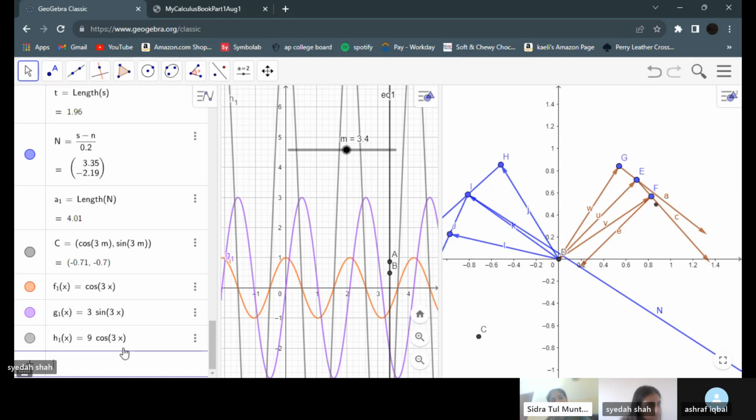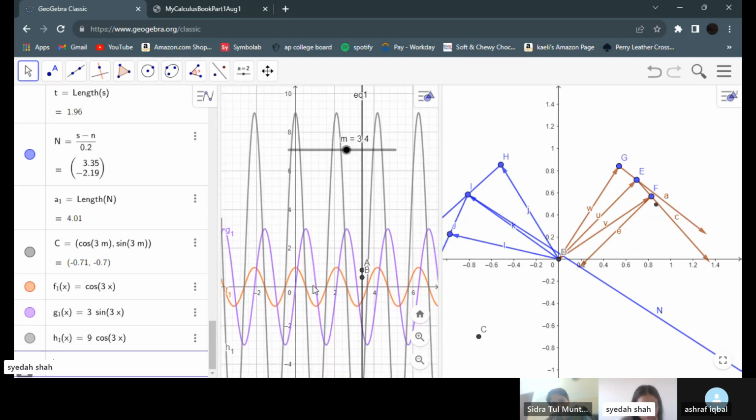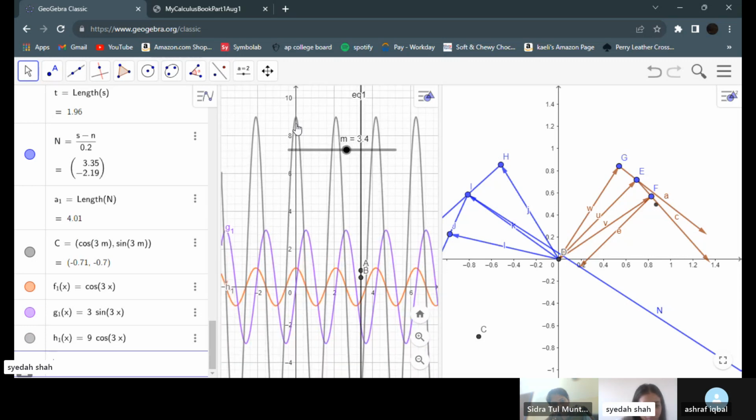Now check the amplitudes of these waves. Oh wow, those are big waves. The amplitude of the second derivative would be 9, the amplitude of the first derivative would be 3, and the amplitude of just cos 3x would be 1.